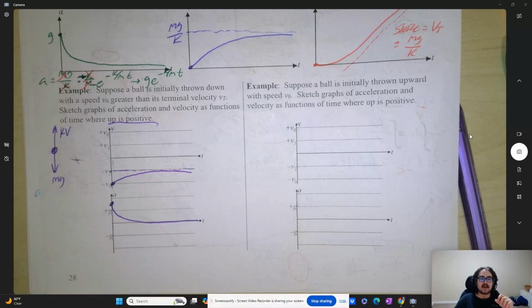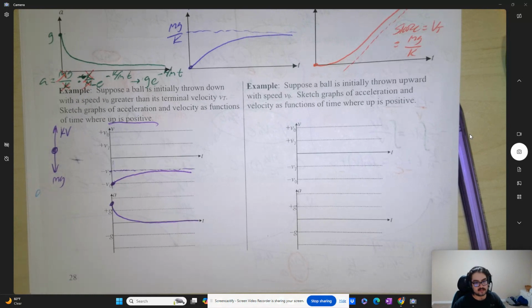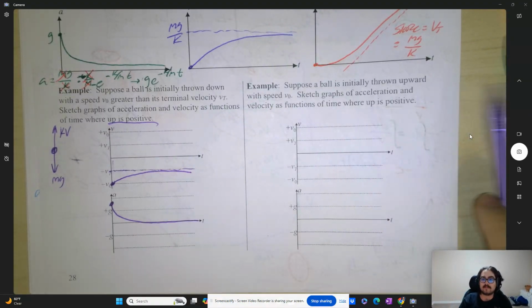The higher your velocity, the greater the drag force. And immediately after you've thrown it, the velocity is the highest it's ever going to be, because drag force starts slowing it down. So that's why it's so strong. mg is constant no matter what, kv is dependent on velocity. You throw it down with a high velocity, and it's going to very quickly try to put it back to the terminal velocity.